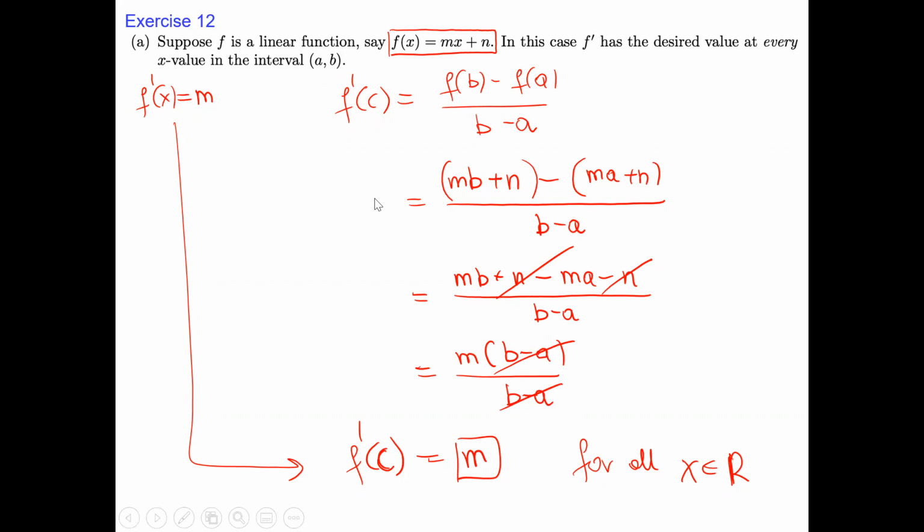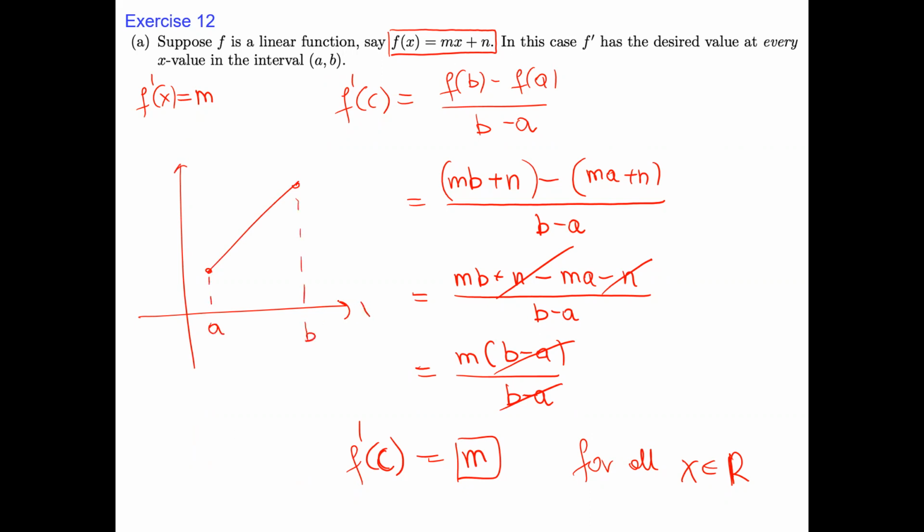Okay, but the situation is a little bit different. I can draw a function, the linear function, with a, b, and f of b, f of a, and then c could be any number, because the slope is the same, f of b minus f of a.